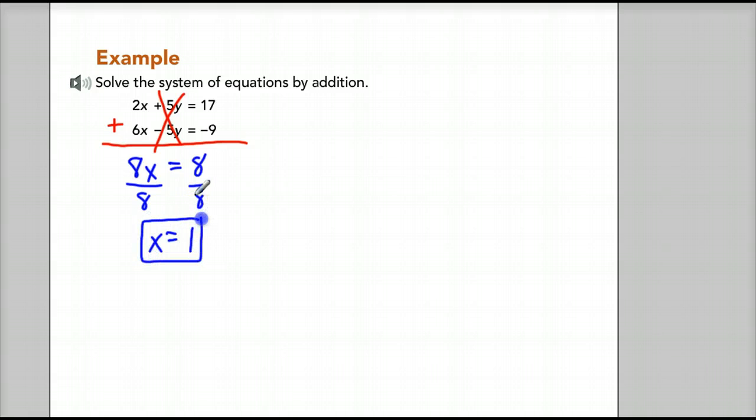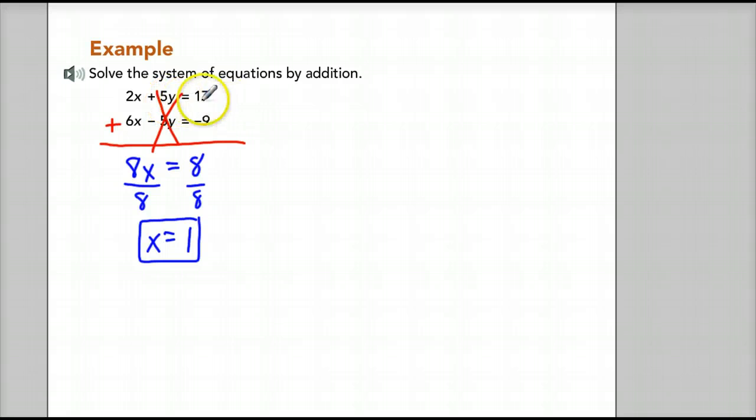Now, so we've eliminated a variable, we've solved for our first variable, now we're going to solve for our second variable, which is y. So we rewrite one of the equations, but instead of x, we're going to write 1. I'm going to pick the first equation because it's all positive. So 2, and instead of this x, I'm going to write 1, and I'm keeping it color-coded because 1 was blue down here, plus 5y equals 17.